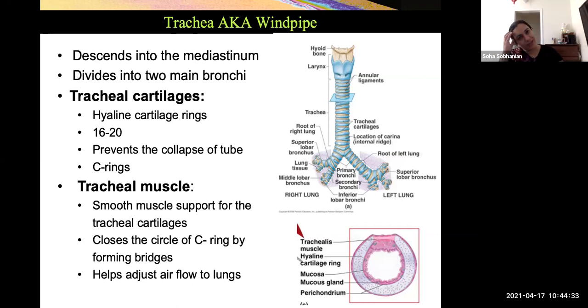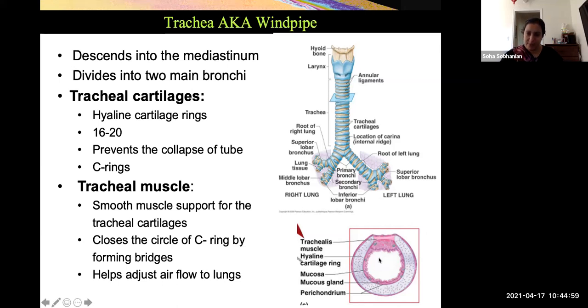The number of these cartilages may differ depending on the size of the individual, usually between 16 to 20 per person. The goal of this cartilage is to make sure that the trachea always stays open, regardless of the condition.